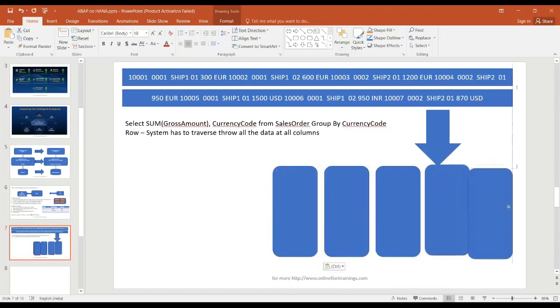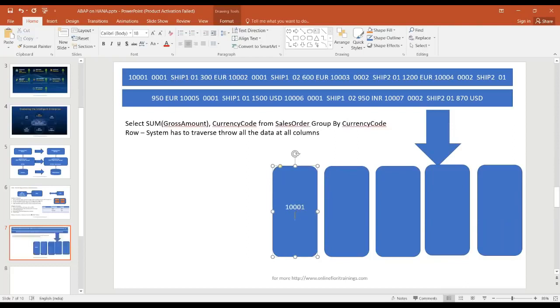So here, you have a total of 5 columns depicted. All the data is coming here. Now the first column, 10001. Like this, you've got your first column data. The second column data is, that's your second column data. The third column data, however, is now again shifted to party.